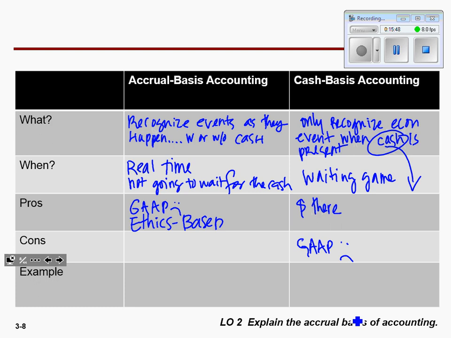What's a con of accrual? What's something that's bad about the accrual system? Yes. Ah, good one. There's maybe a smaller amount of cash on hand. It's a really good one, Ira. Others?